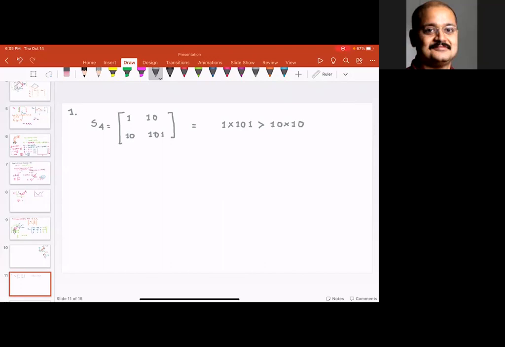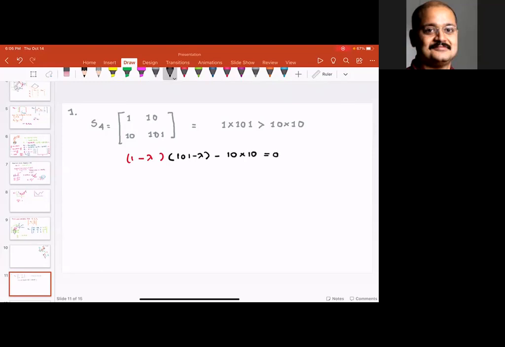Is that the answer you got? You can verify that with your MATLAB script, or since it's a 2 by 2 matrix, you know how to find the eigenvalues. You would say 1 minus lambda multiplied by 101 minus lambda minus 10 multiplied by 10.